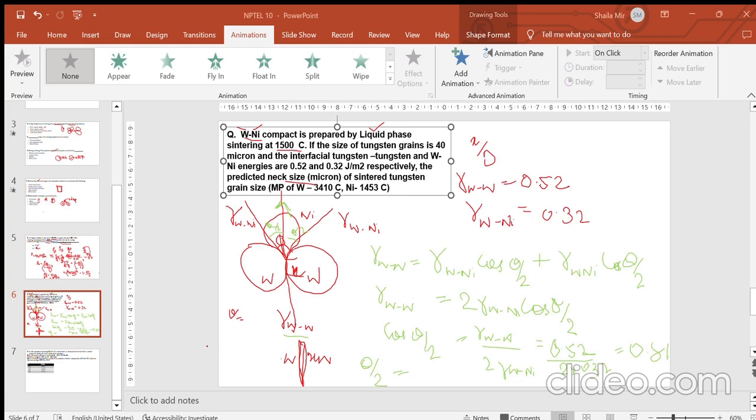But you know that the distance from this interface to the center of your tungsten is d. This is also d. And there is an angle here between the center of this tungsten atom and the interface, and you can just draw a triangle like this, and that angle will also be theta by 2.